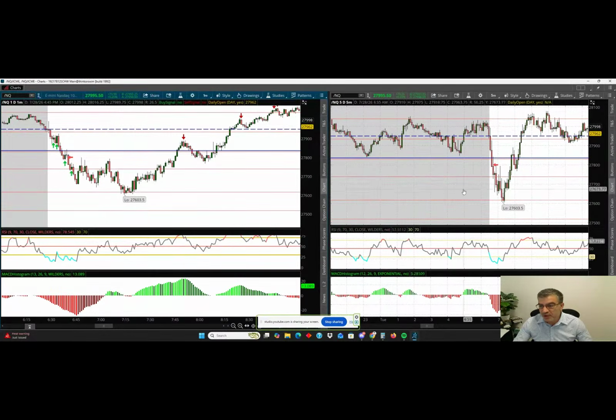Now on the 5-minute, you could have gone long right here above this bar. That's the conservative entry. On the 1-minute, you could have gone long anywhere here, but depending on your stop, you could have stopped out a few times. Your stop should have been below here, below 603 anyway.